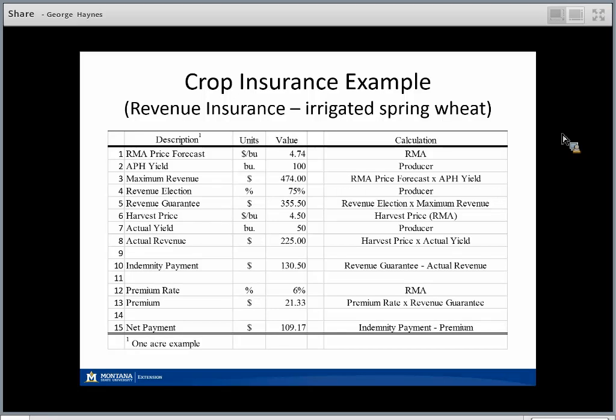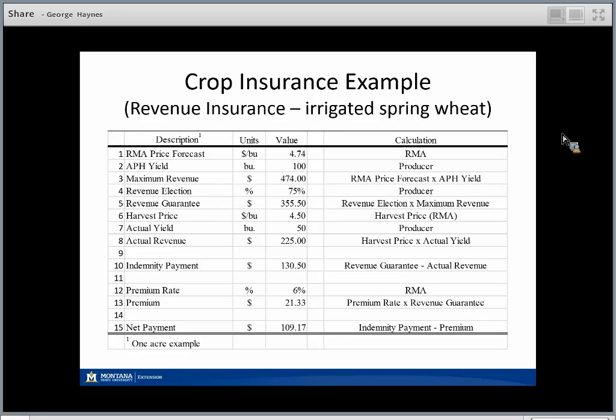The premium rate for this particular farmer is only 6% of whatever the revenue guarantee is. That's far below the actuarial value of this. But he's going to walk away with $109 tacked onto the $225 he received by taking the wheat he produced to the elevator.